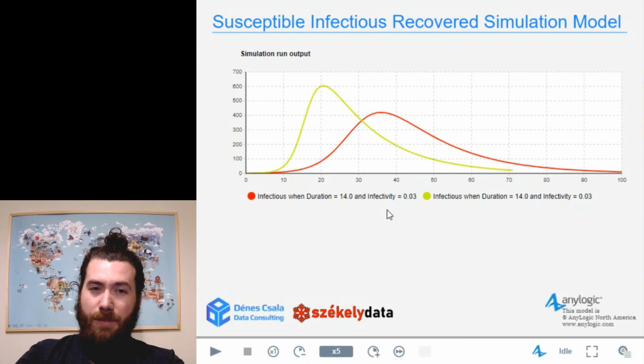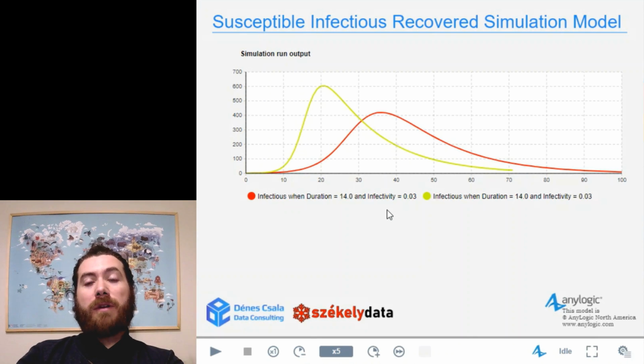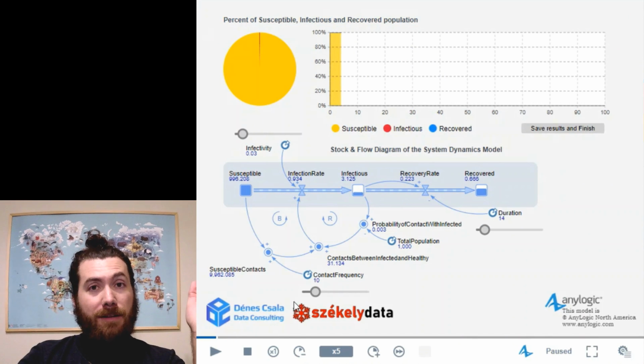So if there's a recovery mechanism, there might be a case that not everybody gets infected because the disease doesn't get the chance to spread that quickly. In this case, we are assuming that they develop immunity instantly after the recovery.